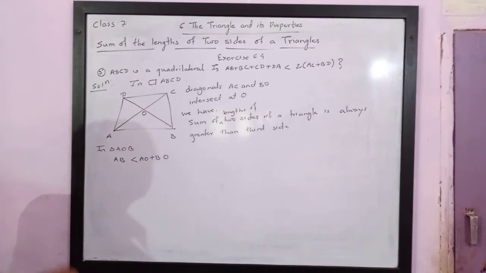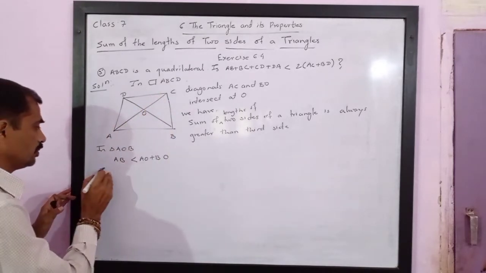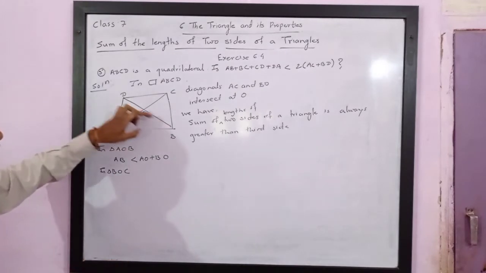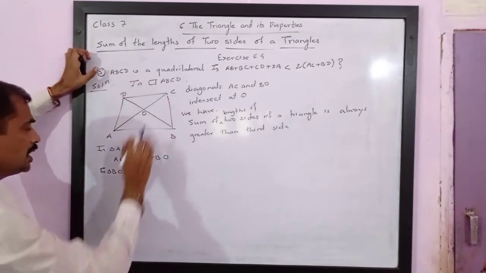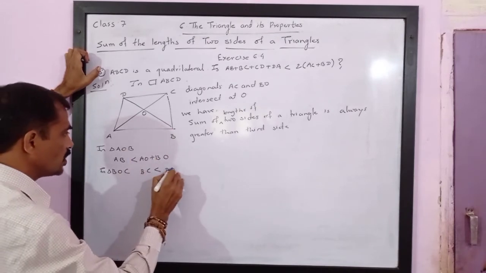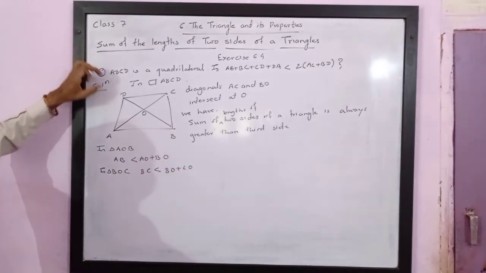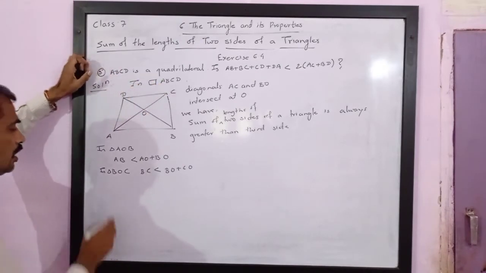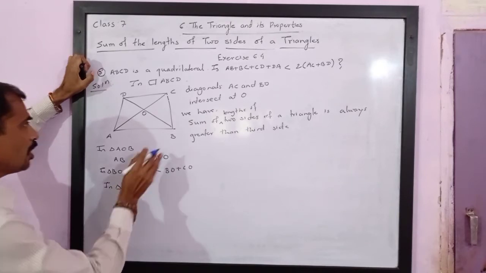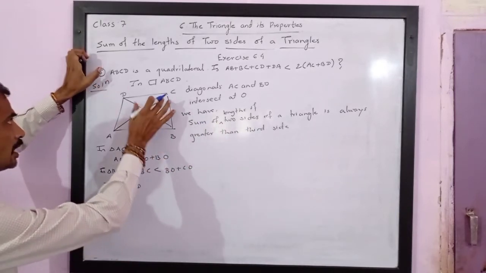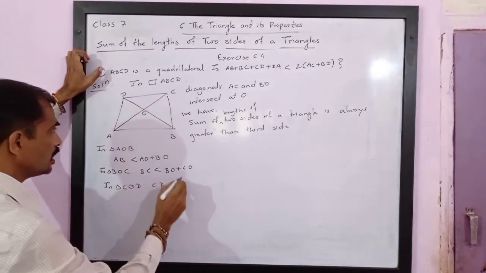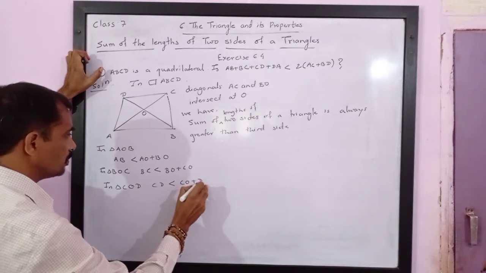Now in triangle BOC, watch carefully, I can say that BC is smaller than BO plus CO. Then in triangle COD, the same property we are using, I can say that CD is less than CO plus DO.